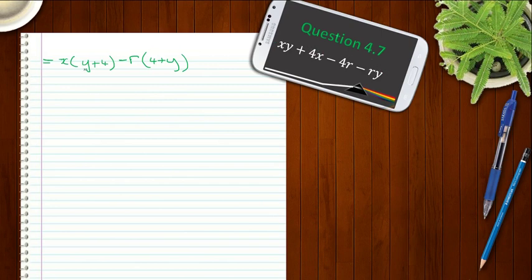But now we see that we have two terms here, and in this bracket we've got y plus 4 and in this one 4 plus y. We can actually just change these two around, so then we end up with y plus 4, because 4 plus y is the same as y plus 4. So I'm going to take out this as my common factor, y plus 4, and then x minus r.